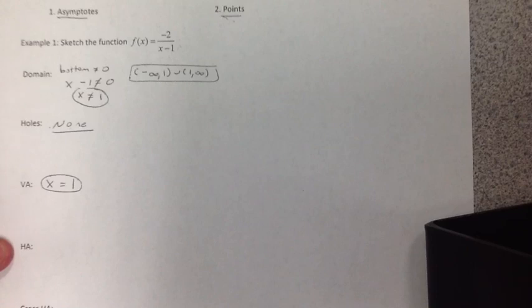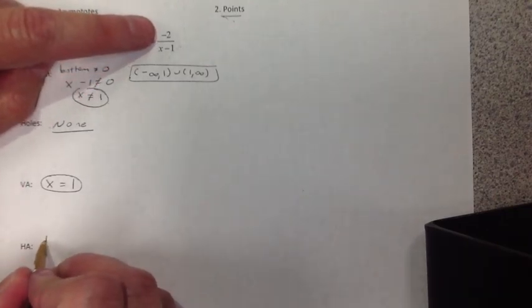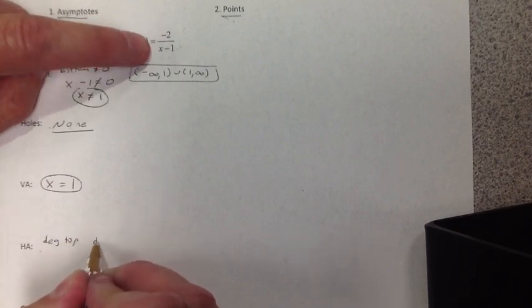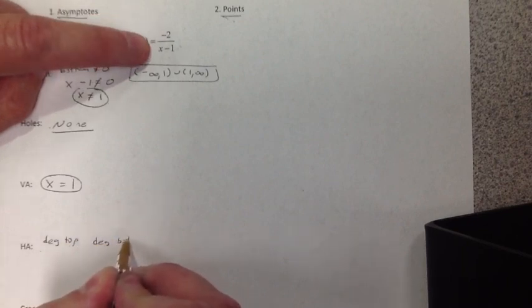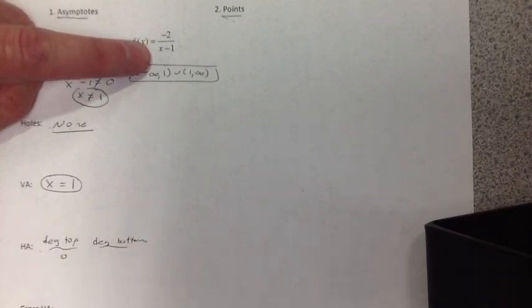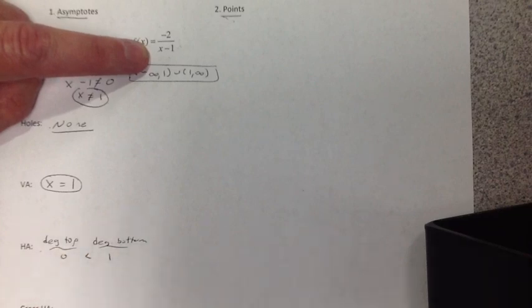Next, what we look for is a horizontal asymptote. And you probably remember this from last year. Hopefully, this is one of the big ones. You're looking at the degree on top, and you're going to compare that with the degree on bottom. Now the degree on top is 0, the degree on bottom is 1. So we say the degree on top is less than the degree on bottom.